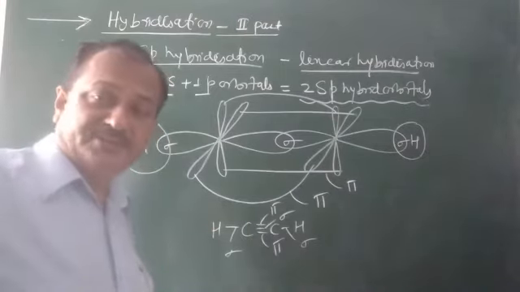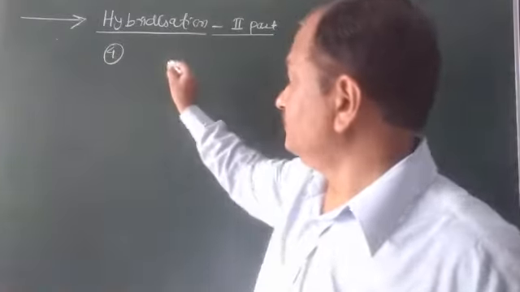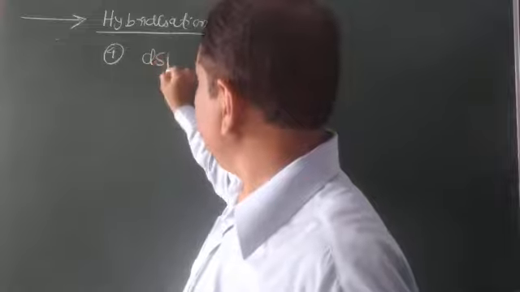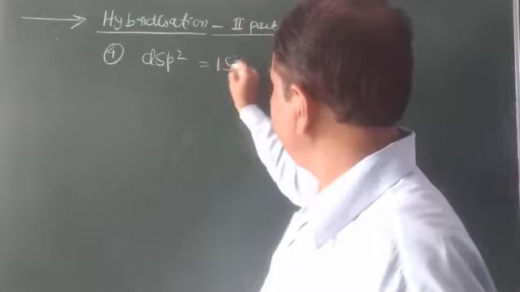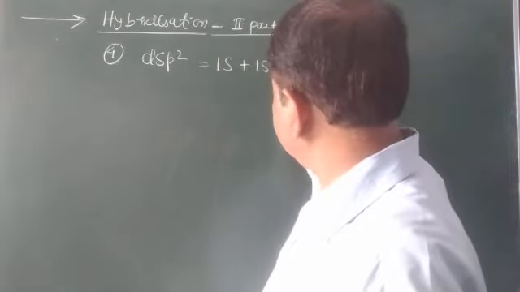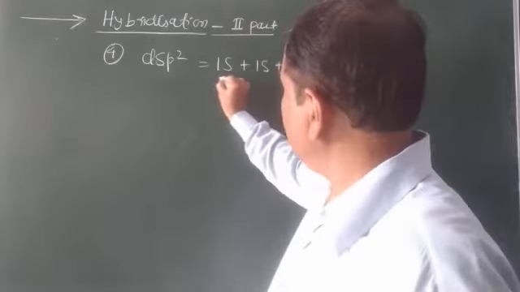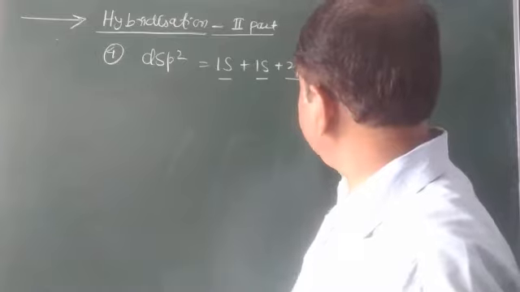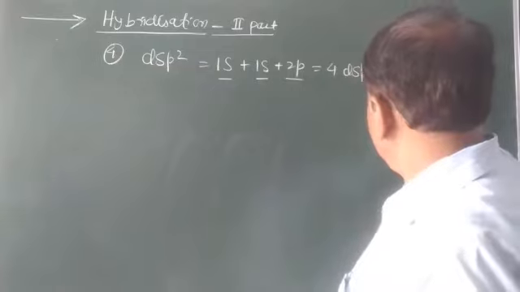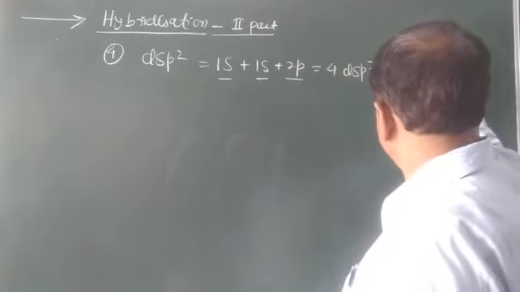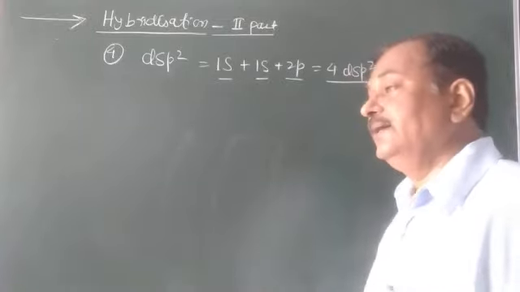Similarly in the case of dsp2, I am going to explain briefly. dsp2 involves one d, one s and 2p, so 1, 2 and 2 make 4 dsp2 hybrid orbitals.